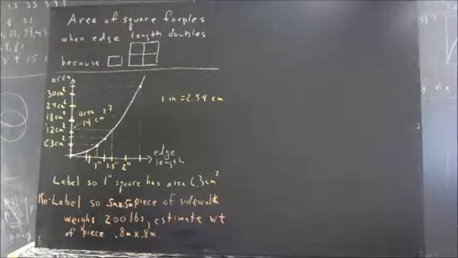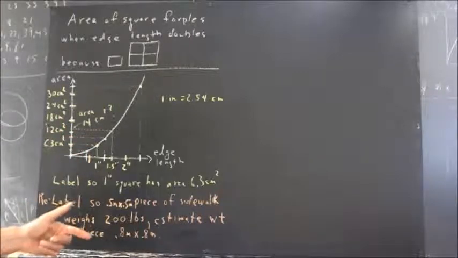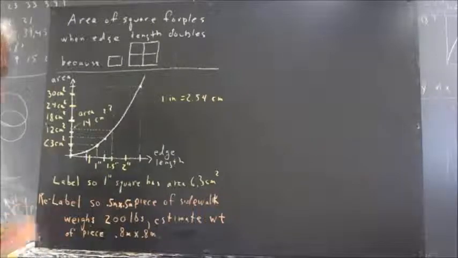There are other ways to solve it, but unfortunately, the thing that I would expect if I gave this to a typical class is that what people would do is they would set up a proportion, 0.8 meters over 0.5 meters equals X over 200 pounds. And that would give us a completely wrong result.